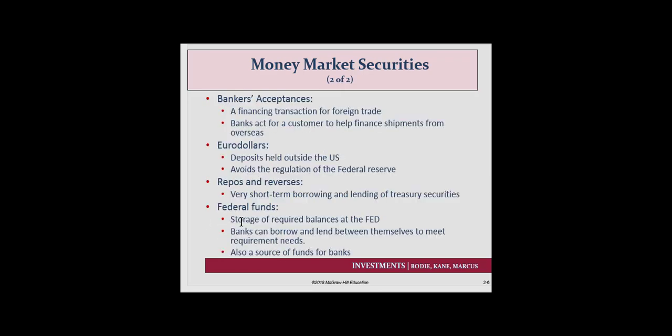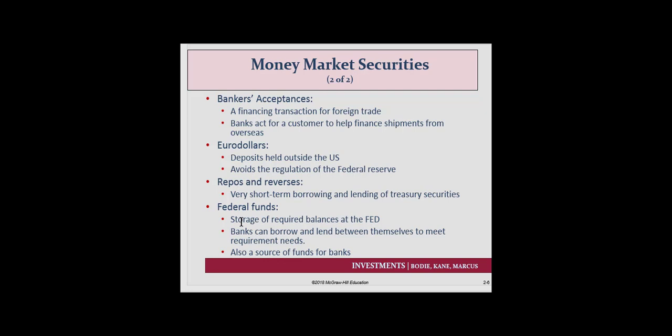Some other things that aren't quite as popular: bankers' acceptances help us with foreign trade. Euro deposits or euro dollars are deposits that are held outside the United States. Repos and reverses. These are short-term borrowings, typically of Treasury securities.